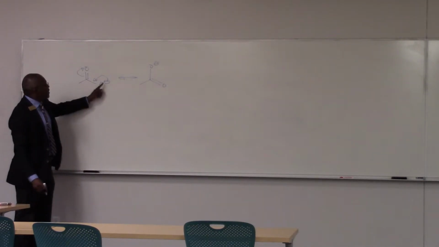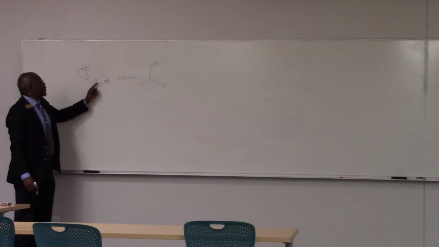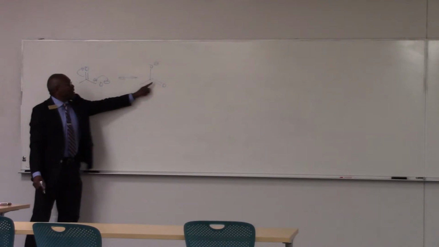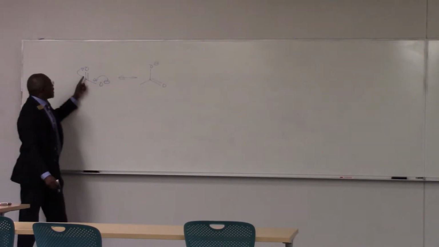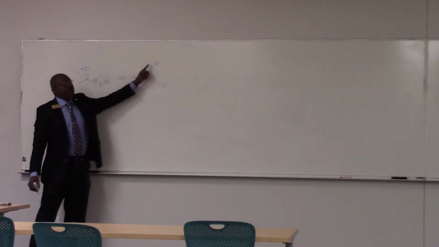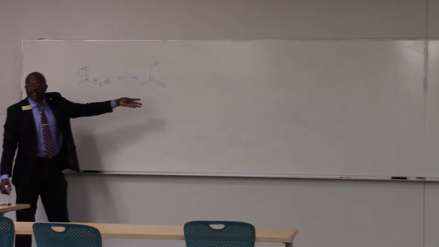What we're saying is, we're moving 2 electrons from this O, dumping them between the O and C, making the pi bond. So a lone pair becomes a pi pair. Then we move the pi electrons onto this O, so a pi pair becomes a lone pair. We've done resonance before.